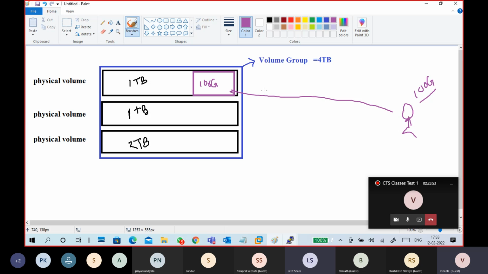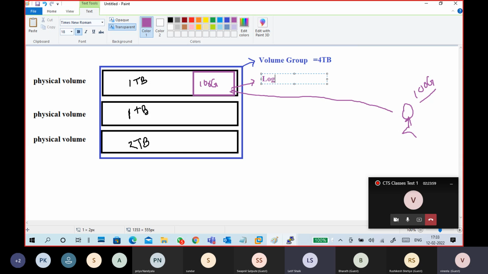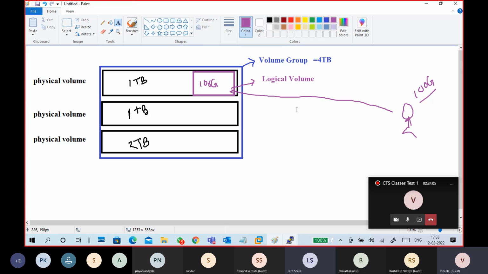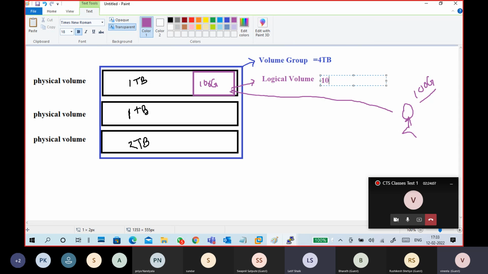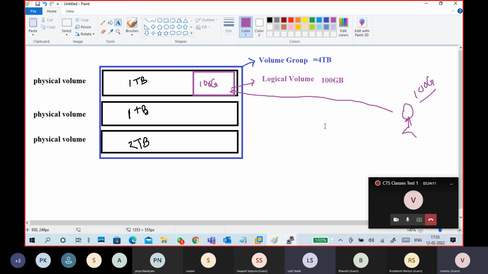This we call a logical volume. I created a 100 GB logical volume, and like this you can create multiple logical volumes.